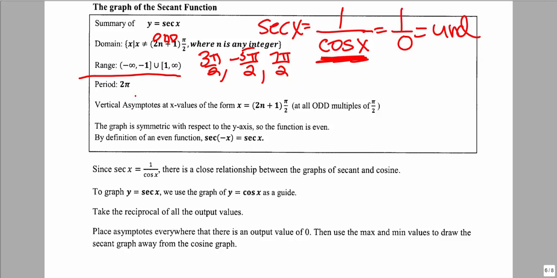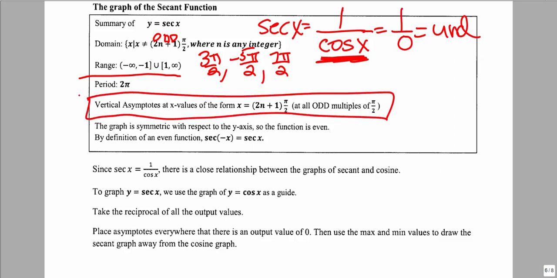The period is 2 pi, because cosine has a period of 2 pi, and secant repeats itself every 2 pi units just like cosine does. The vertical asymptotes for secant will exist at the odd multiples of pi over 2 where secant is undefined. And since cosine is an even function, then secant is also an even function.